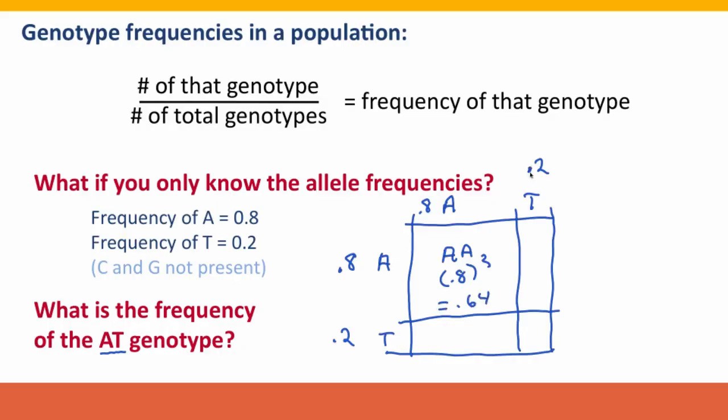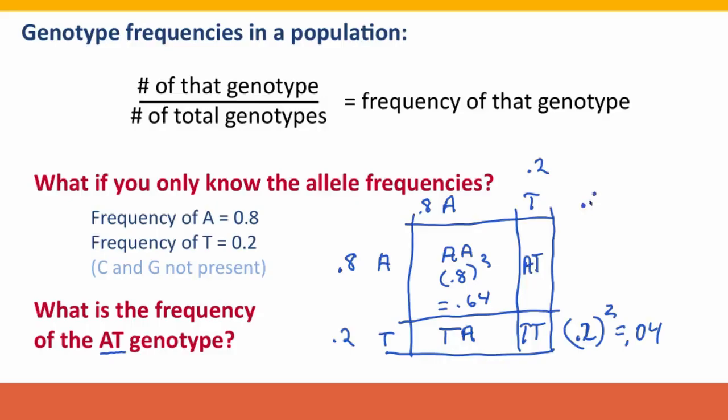And the chance of T meeting T to give the TT genotype is going to be 0.2 squared equals 0.04. Now what we're interested in, though, is the chance of T meeting A, or A meeting T. And these frequencies are, again, just the product of the frequencies of the alleles.